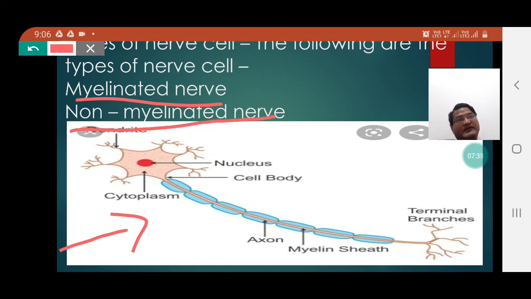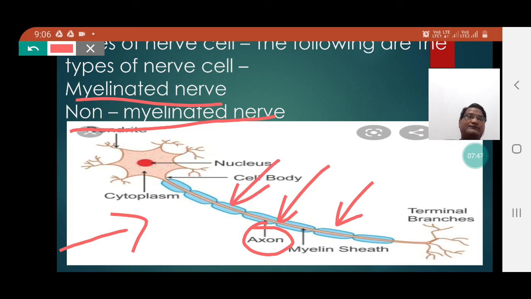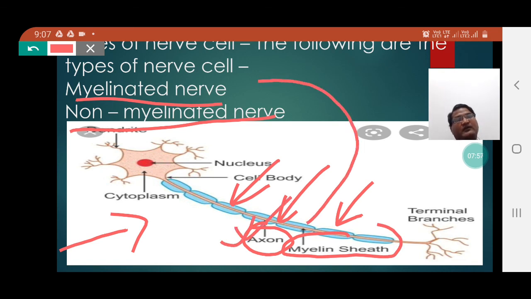Students, as we know, the axon part of the nerve cell remains enveloped by a myelin sheath. Here in this picture the myelin sheath is depicted with a light blue cover. If this myelin sheath envelops the axon, then such nerve cells are called myelinated nerve.